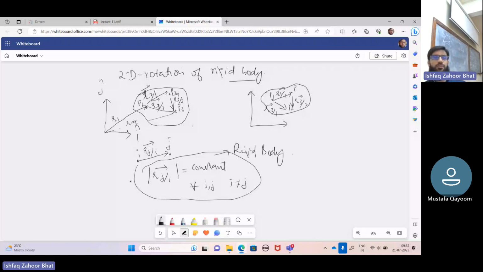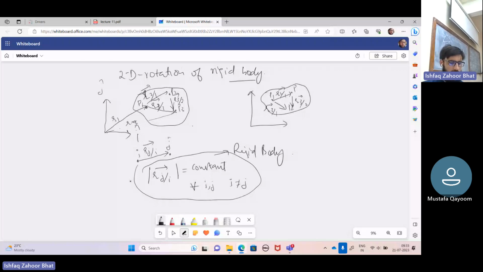So if there is some motion, some rotation and other stuff, the body makes sure that Rji, where J can be any point and I can be any point on the rigid body, but the two points J and I cannot be the same points. If this is constant, I think it can be the same also, because if I and J are the same points, then this constant will be 0.